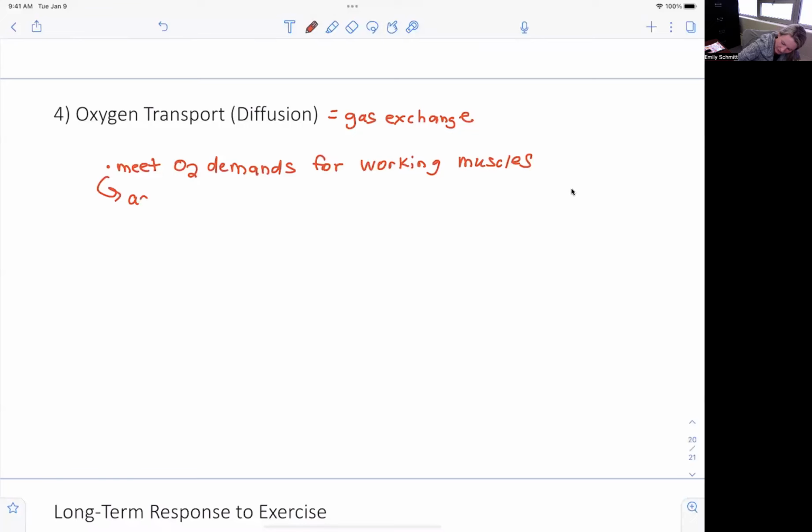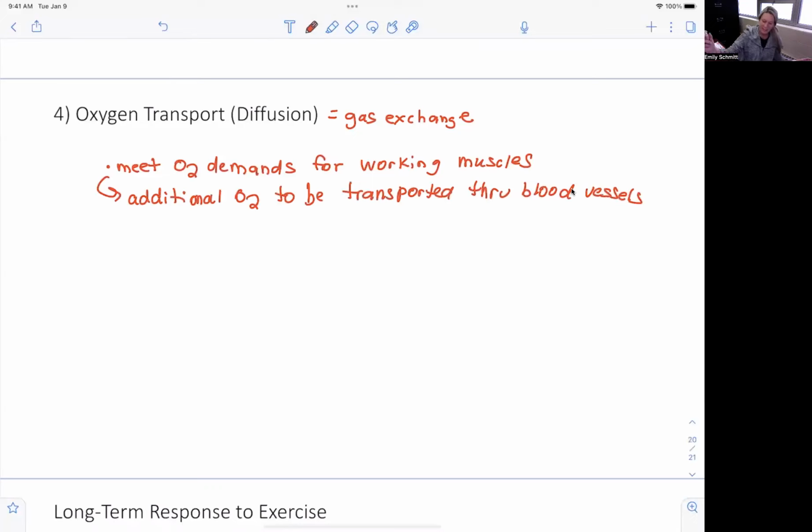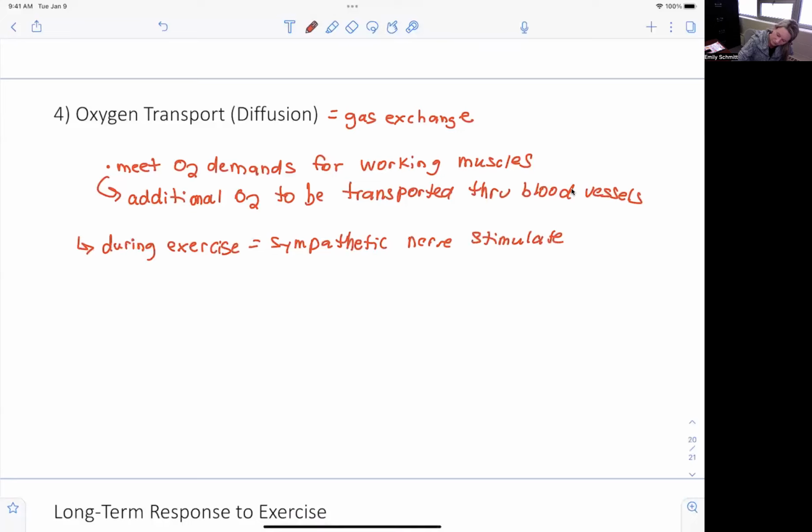And we will also have additional oxygen to be transported through blood vessels. Now, during exercise, we will have sympathetic nerves stimulate and innervate the nerves in your heart.